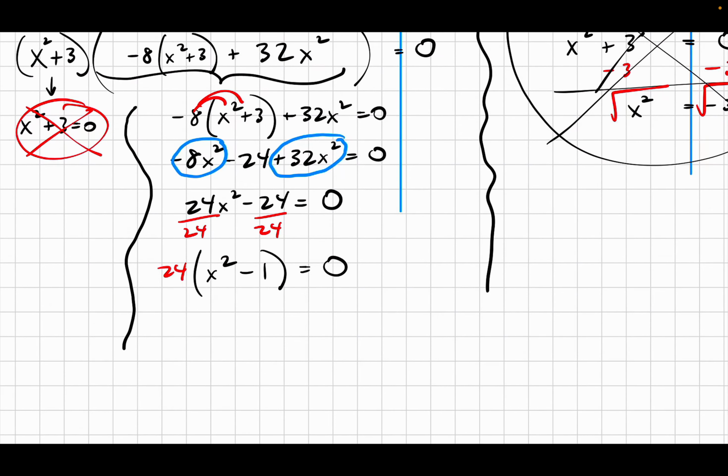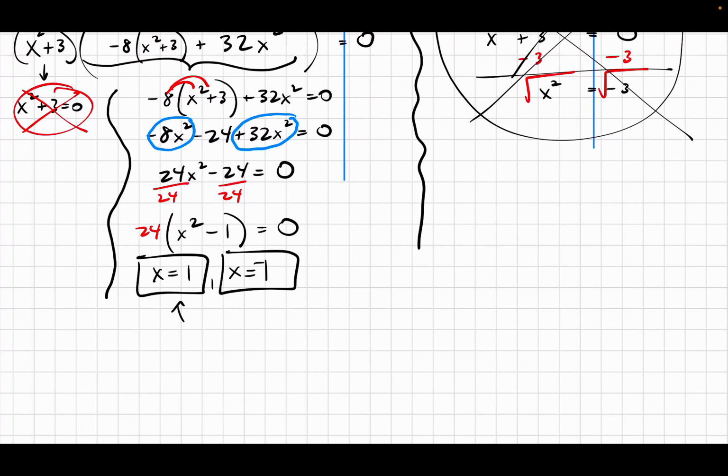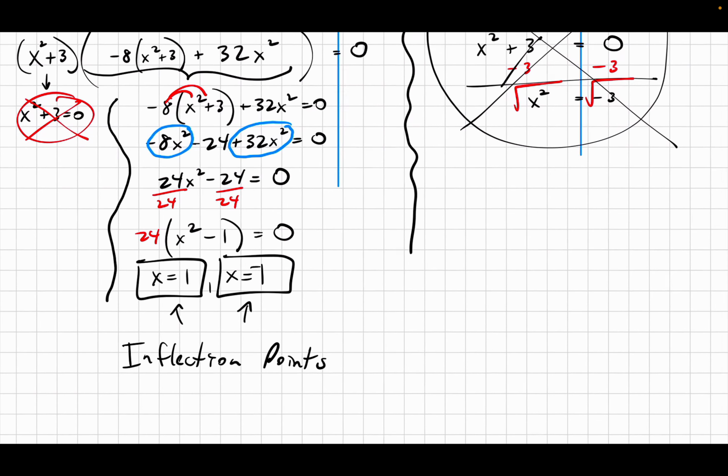So it's going to have 2 answers: +1, -1. Those are my inflection points. I have an inflection point at +1 and an inflection point at -1.